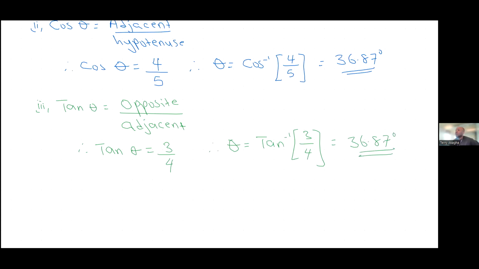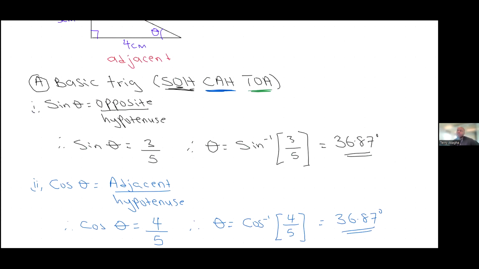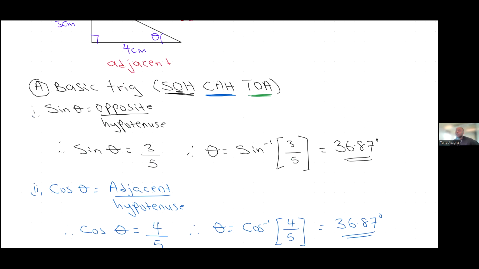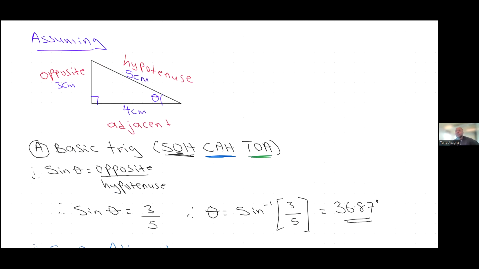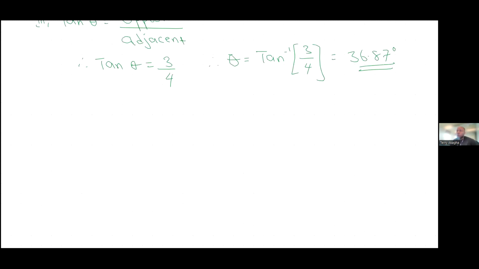All right. So you can see that regardless of the basic trig identity I used, I still got the same answer for theta, 36.87. Okay? Now, let me use the inverse of basic trig identity and see if you're going to get the same thing. So number 2 now, the B. I want to use the inverse of basic trig.